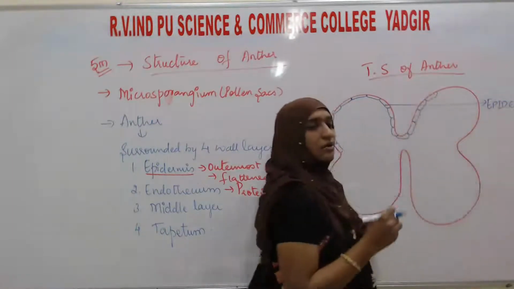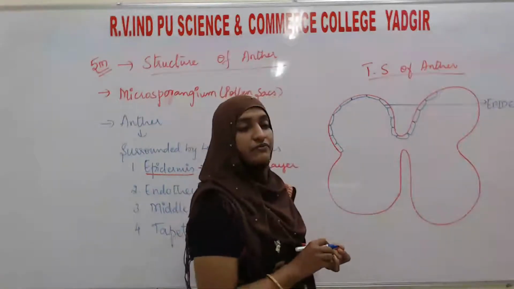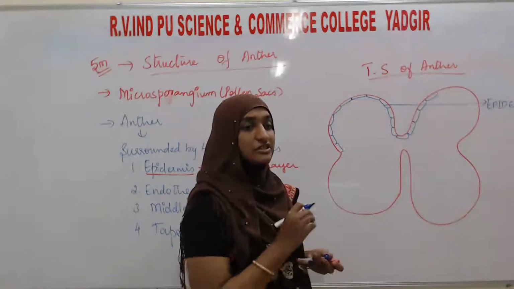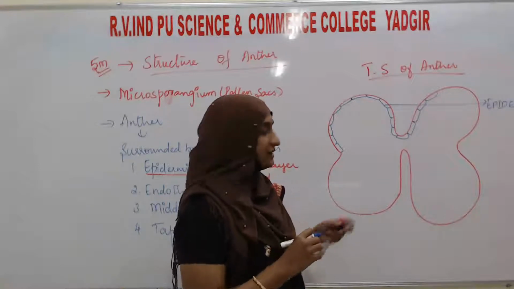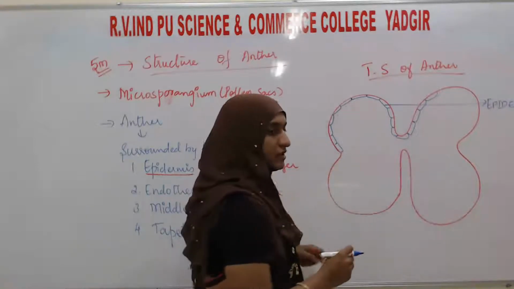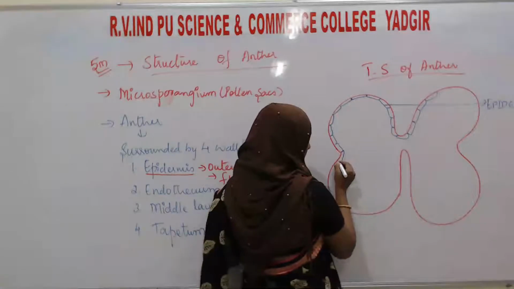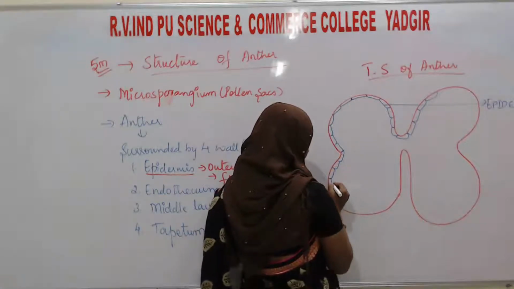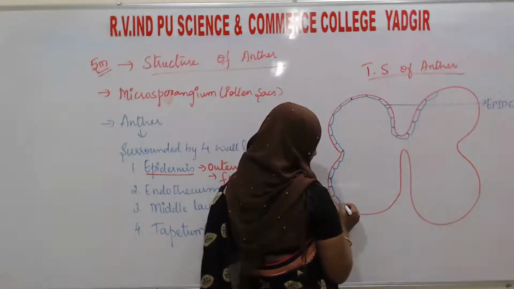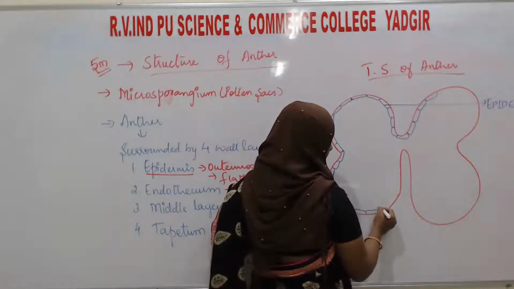This is the outermost layer, which is made up of epithelial cells, which are flattened cells and are arranged tangentially. So you have to draw, you have to fill all these pollen sacs like this.